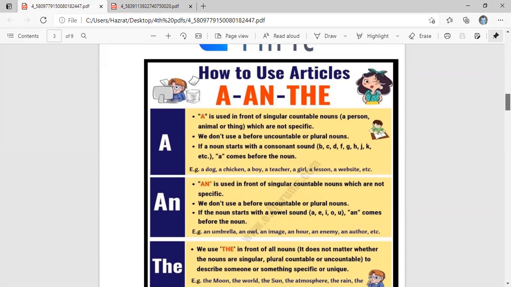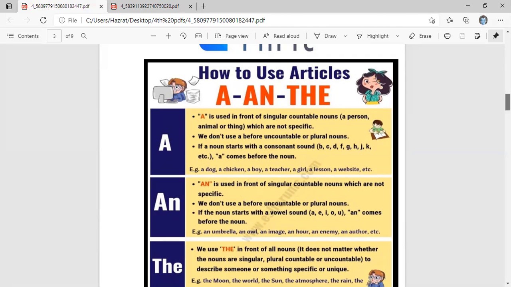A is used in front of singular countable nouns, a person, an animal, or a thing which is not specific, a common noun. We use it with a common noun, not with a proper noun. A singular proper noun doesn't need any article.